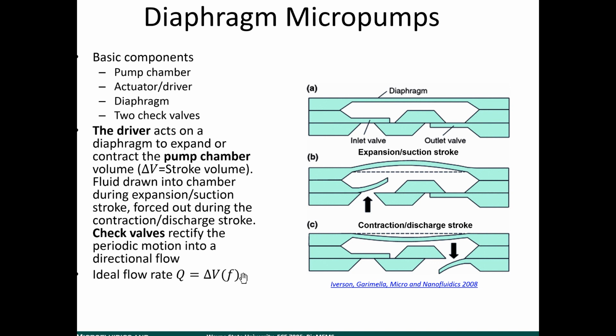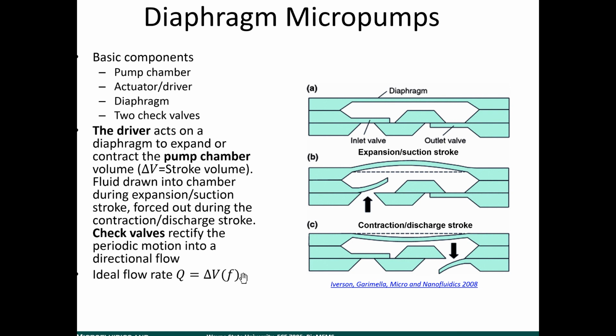So even though the displacements were small, you could still get a flow rate because you're moving them very rapidly. There are other technologies, thermopneumatic micropumps, where you use temperature to move the diaphragm up and down. Those are much slower, but they get a larger delta V than the electrostatic ones, so they still can generate flow.